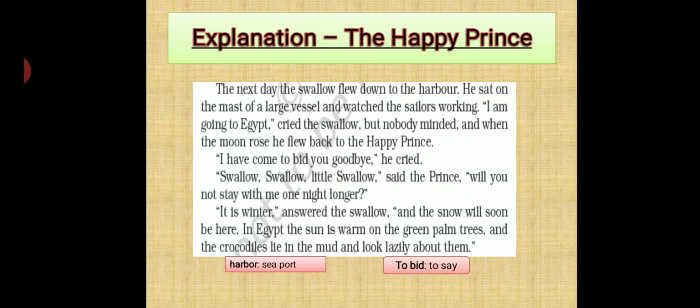So now what the swallow means to say is that the winter season had started, and after some time it would start snowing, and the weather in Egypt was warm, and even the crocodiles lay on the mud lazily there. So he told him to let him go to Egypt. So swallow is saying to the happy prince, allow me to go to Egypt.